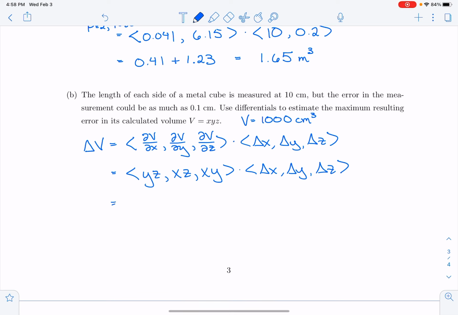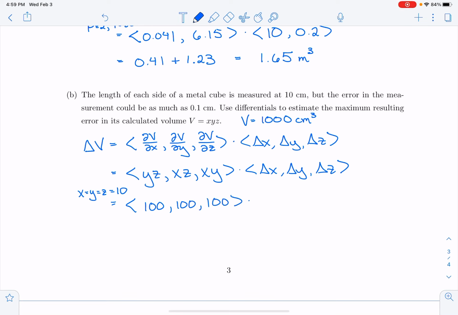Now, yz, we know x, y, and z are all measured at 10 centimeters. So y times z is going to be 100. x times z is going to be 100. x times y is going to be 100.